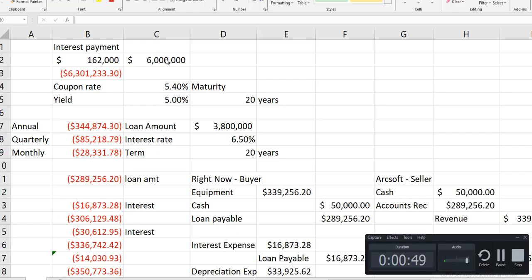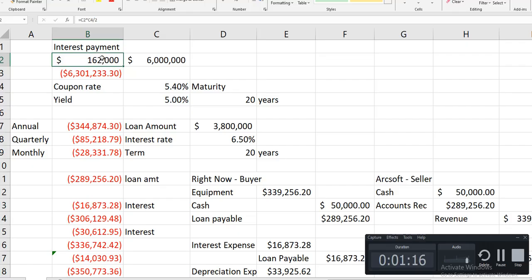So our agreement is we're going to pay $6 million back after 20 years. In the meantime, we're going to make an interest payment using the coupon rate, which in this case is 5.4%, and we pay it twice a year, so half of that times the 6 million.